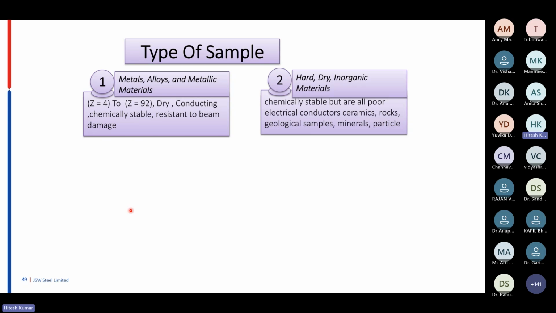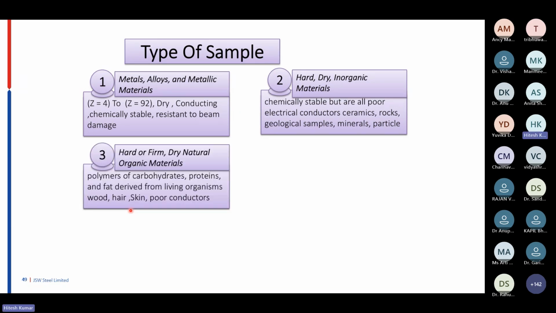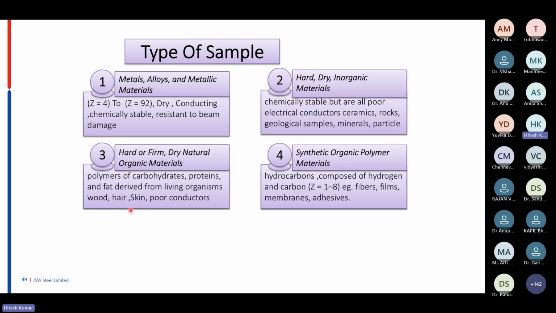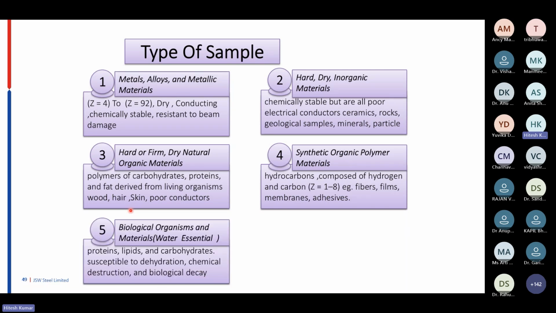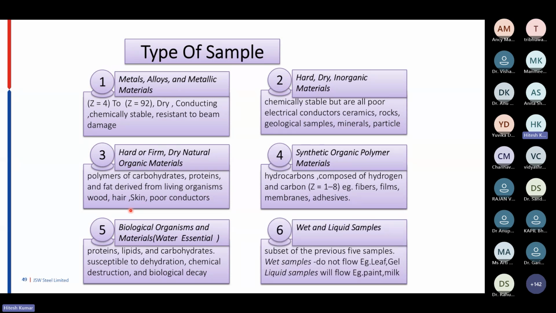If you have a chemically stable but poor electrical conductor, like ceramics, rocks, geological samples, minerals, particles, as well as some polymers, synthetic organic polymers, biological polymers, biological organisms, as well as wet and liquid samples. So suppose we categorize into 6 different categories.